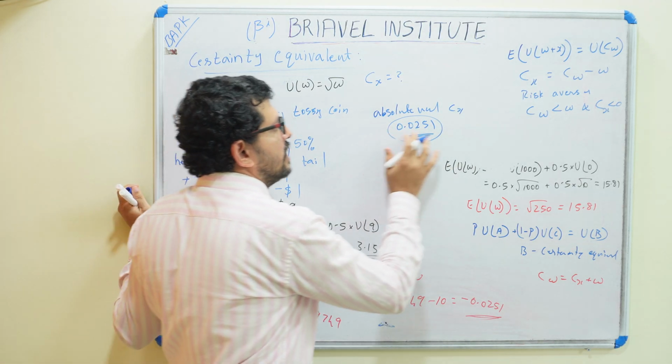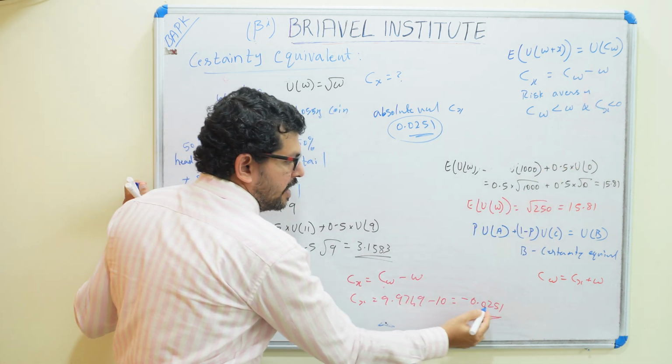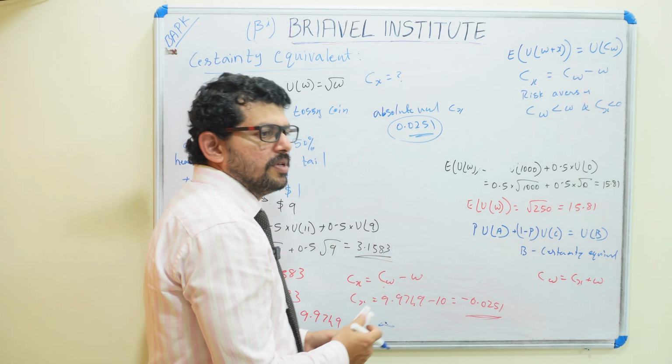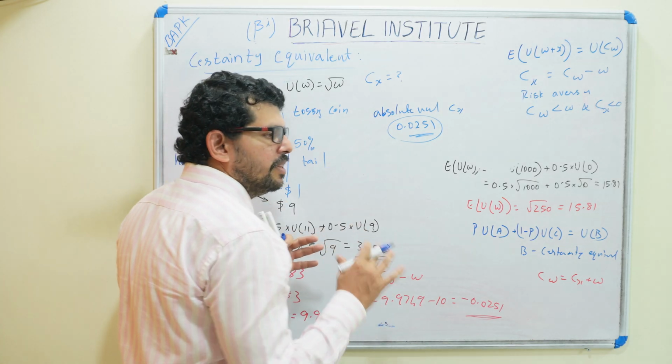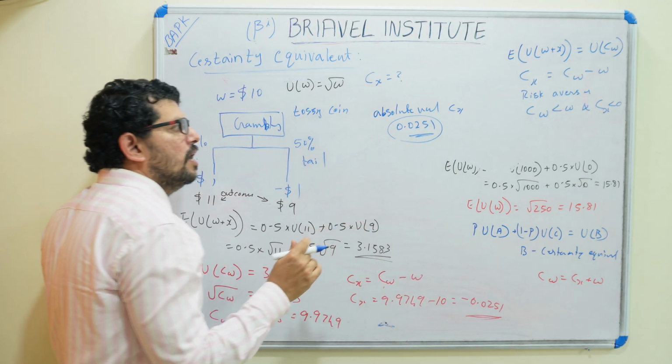For a risk-averse investment, CS is always less than 0. That is why we got a negative. CS is negative because he has to pay that amount. That is the cost of sacrifice, or the cost of avoiding the risk.